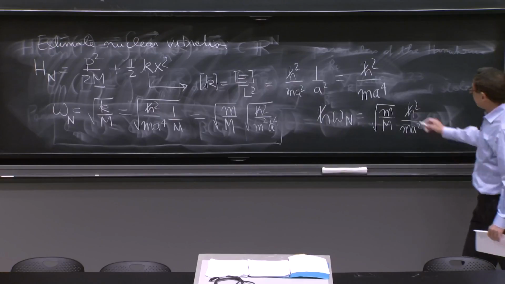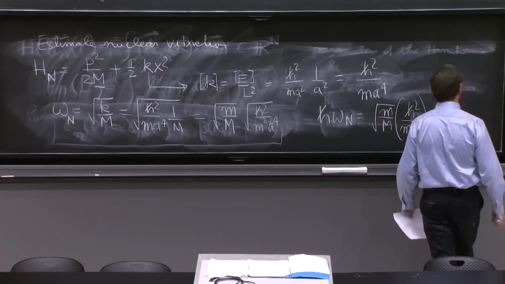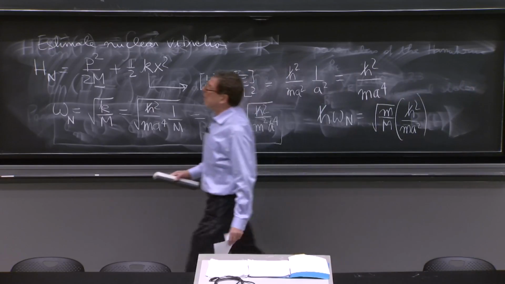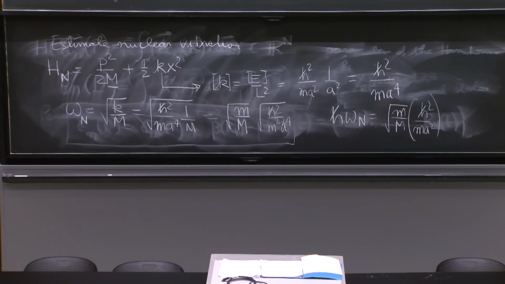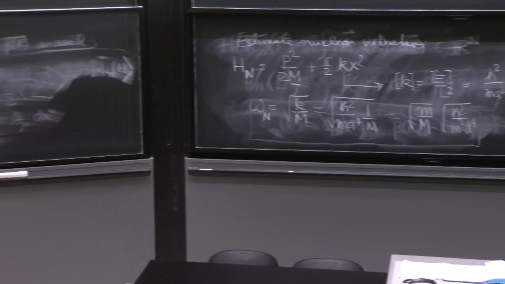And now we get a sensible equation in which we see that the nuclear energies for oscillation are much smaller, significantly smaller.